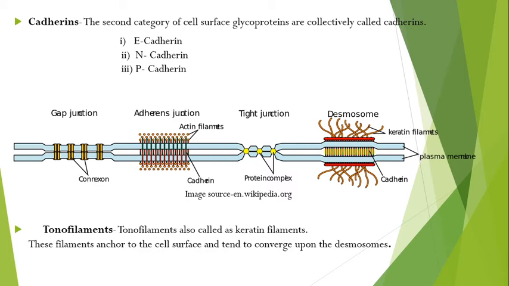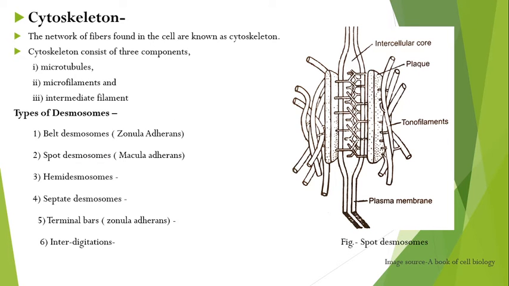Desmoplakin in turn attaches to tonofilaments, which are composed of intermediate filaments such as vimentin, desmin, or keratin.